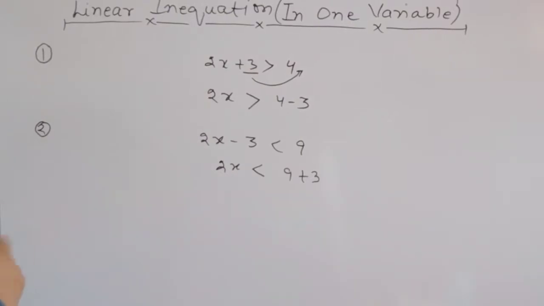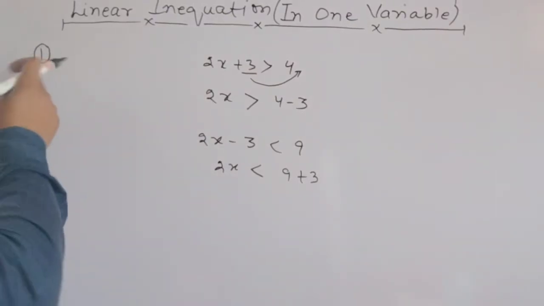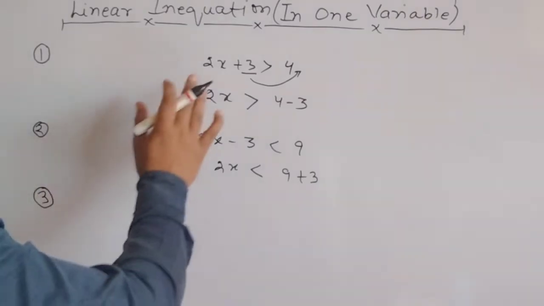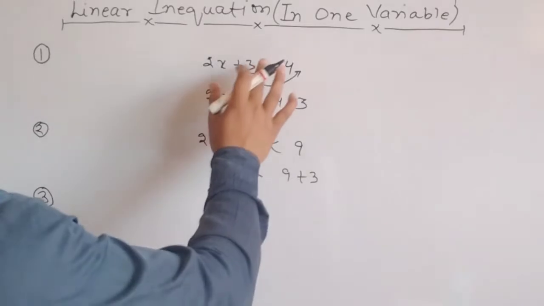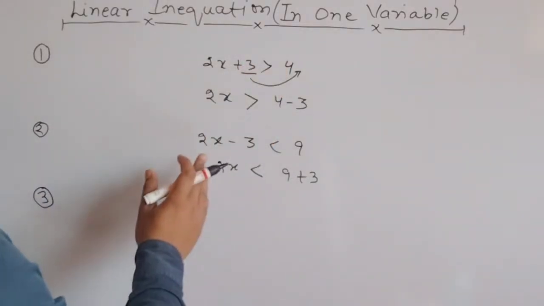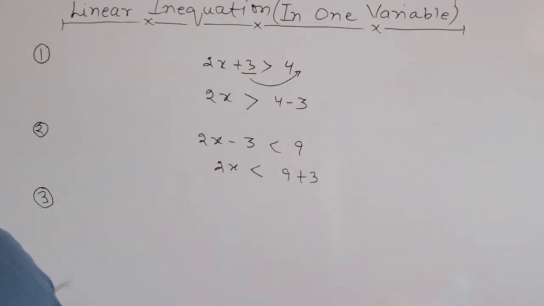Okay, this is our second rule. Let me remind you again. Our first rule is, when we transfer a positive number from one side to another, the inequality sign will not change. And the second rule says, if we transfer a negative number from one side to another of an inequality, the inequality sign will not change.